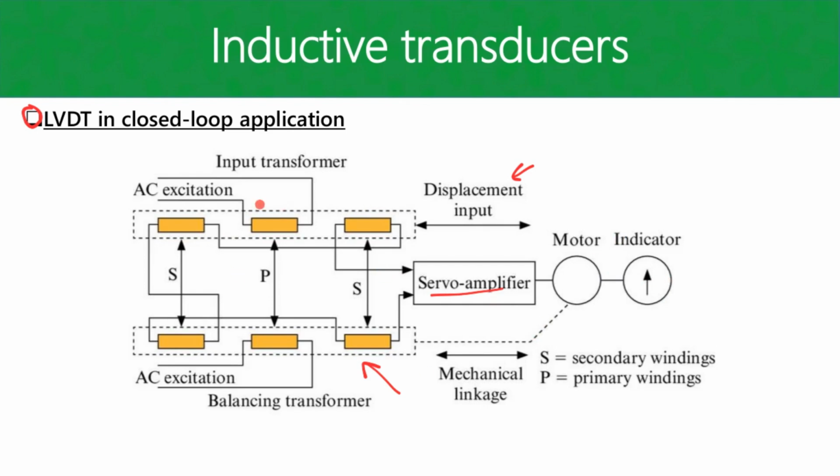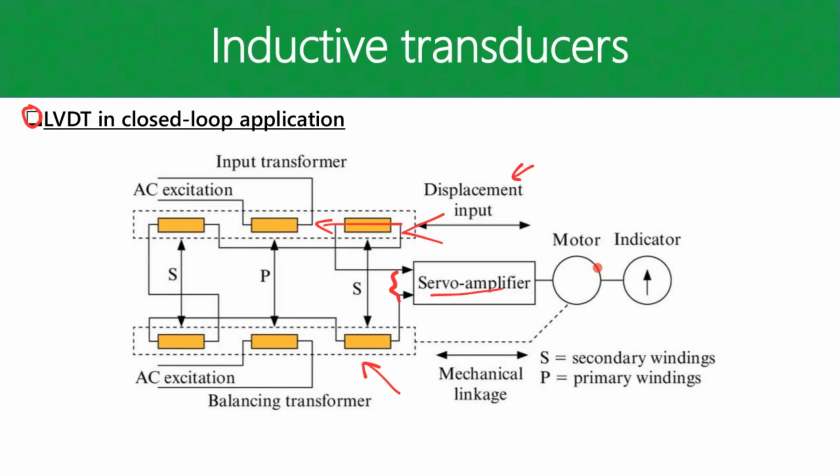But in any case, let's say we have an airplane, and the landing gear is fully extended. So we then move our core in this direction. Now our cores for the two LVDTs are in different positions, which generates a difference of voltage at the servo amplifier's input, which is then amplified and sent onto your motor's driver circuit.